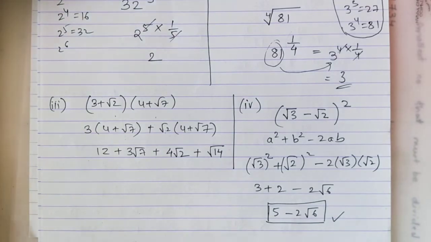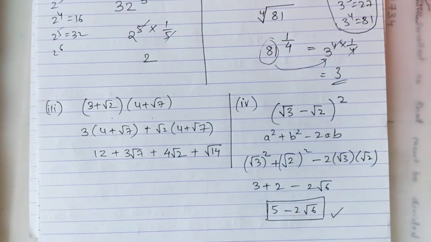Copy these two sums quickly, then we'll do the important ones, that is from question number 16 to 19.